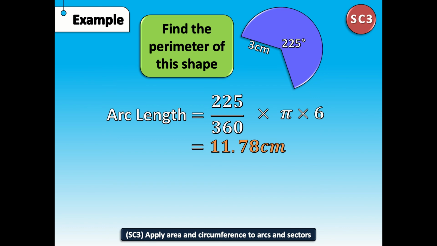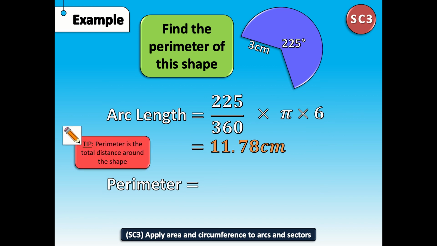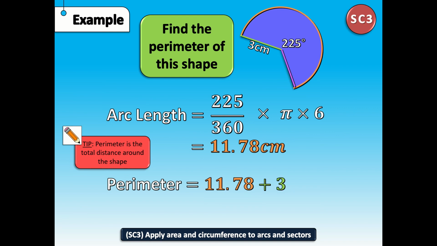So we've got to add on the two straight sides, and each of those are 3 centimeters. So our final answer is 17.78 centimeters.